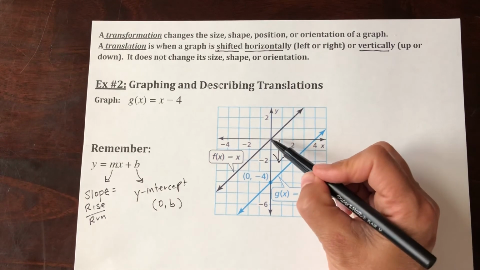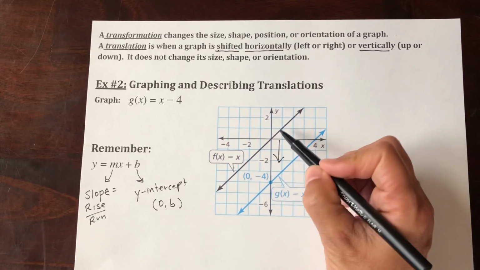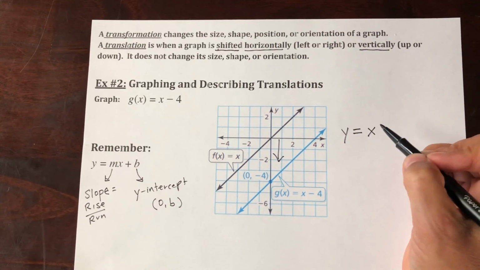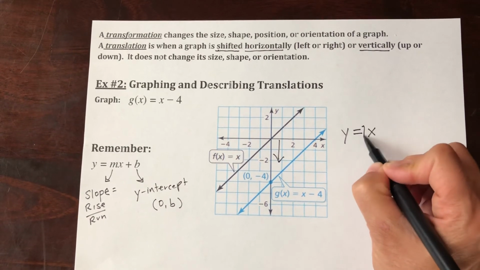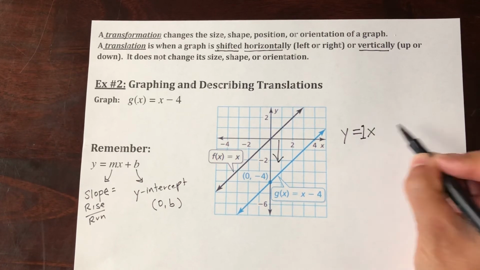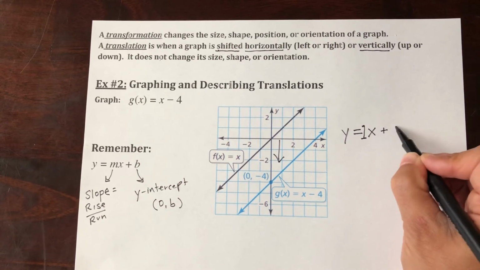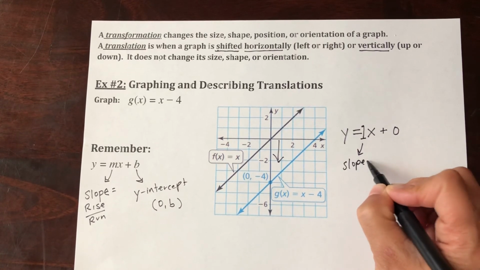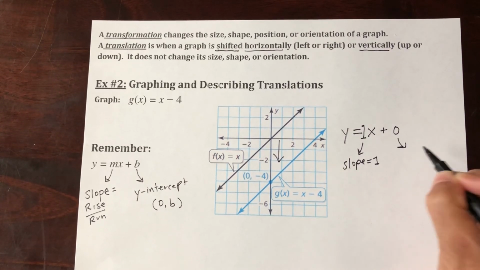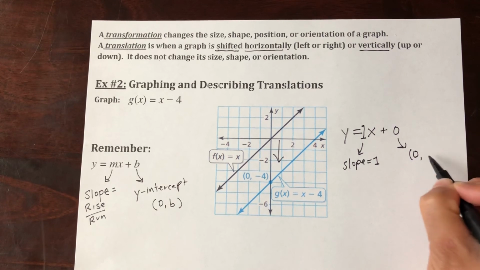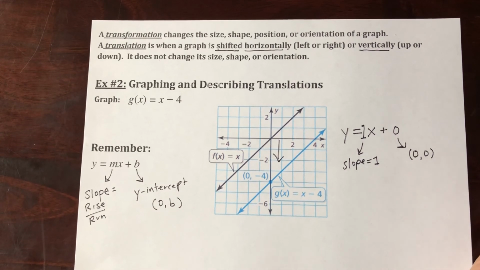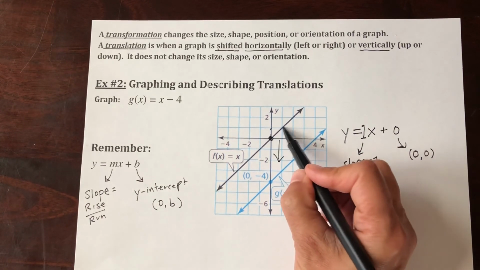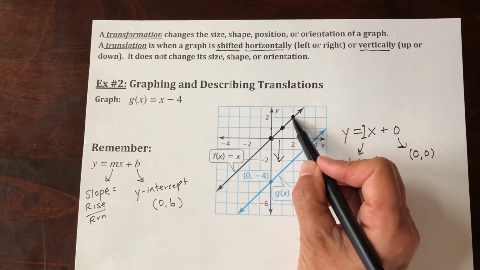In our parent function, y equals x is our simplest form. Really, there's an invisible 1 there in front of the x, and there's no b, so I could add 0. So our slope is 1, and our y-intercept, where x is 0, our b value is also 0. So you can see it crosses here at 0, 0, rise 1, run 1, rise 1, run 1.